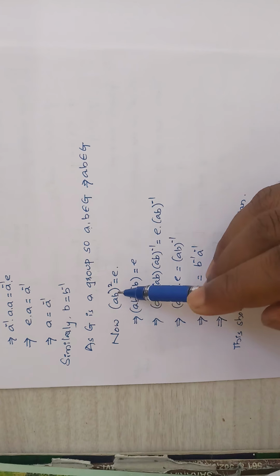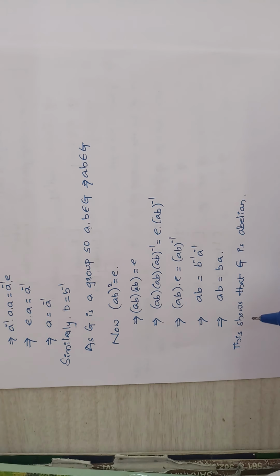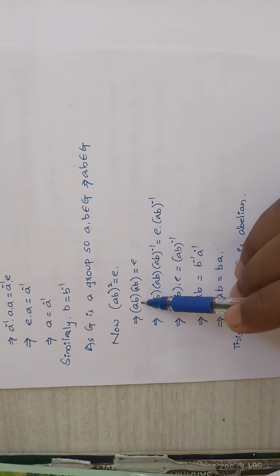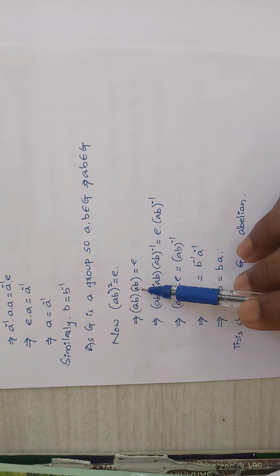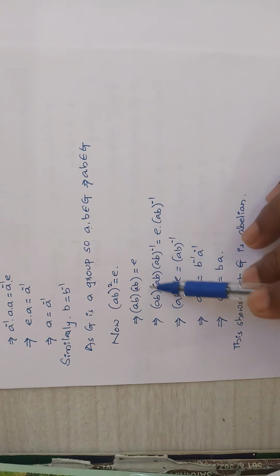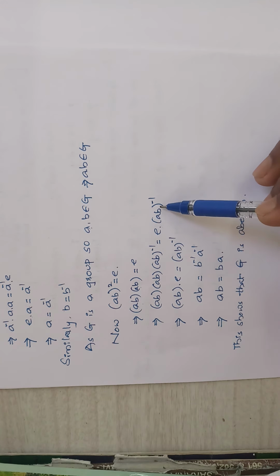Now I take AB square is equal to E, because A square is equal to E, so the product is also E. This can be written as AB into AB is equal to E. I am multiplying AB inverse on the right side. Then AB into AB into AB inverse is equal to E into AB inverse.